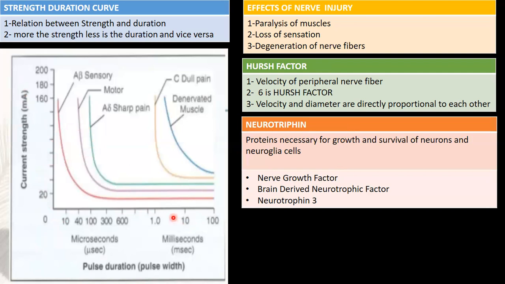In this we need to just know one thing: the more the strength, the less is the duration, and the less the strength, the longer the duration. We have less strength but a longer duration, and more strength, a shorter duration. So the more the strength, the less is the duration, and vice versa.